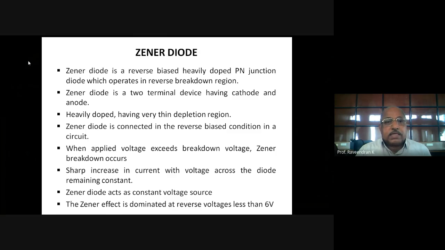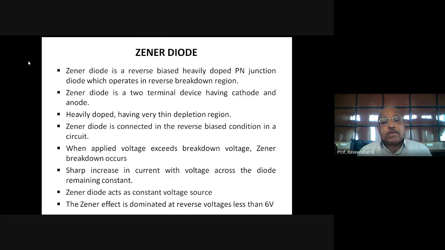So first, what is a Zener diode? A Zener diode is a reverse biased heavily doped PN junction diode which operates in the reverse breakdown region. It is a two-terminal device with a cathode and an anode. The thing you have to understand is that the Zener diode has a heavily doped PN junction with a very thin depletion region.